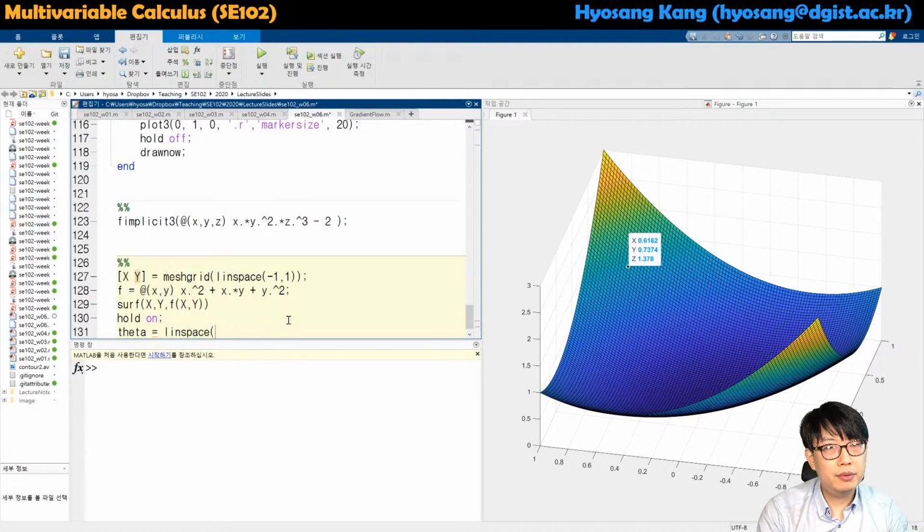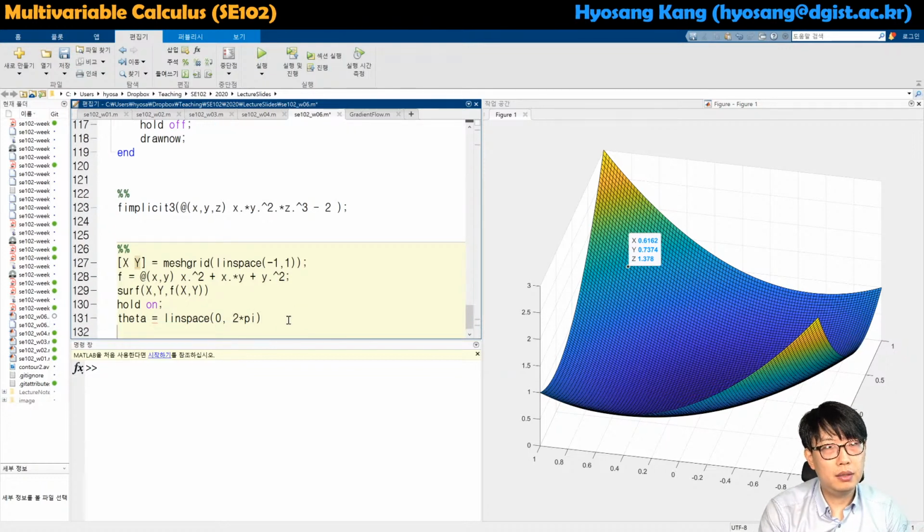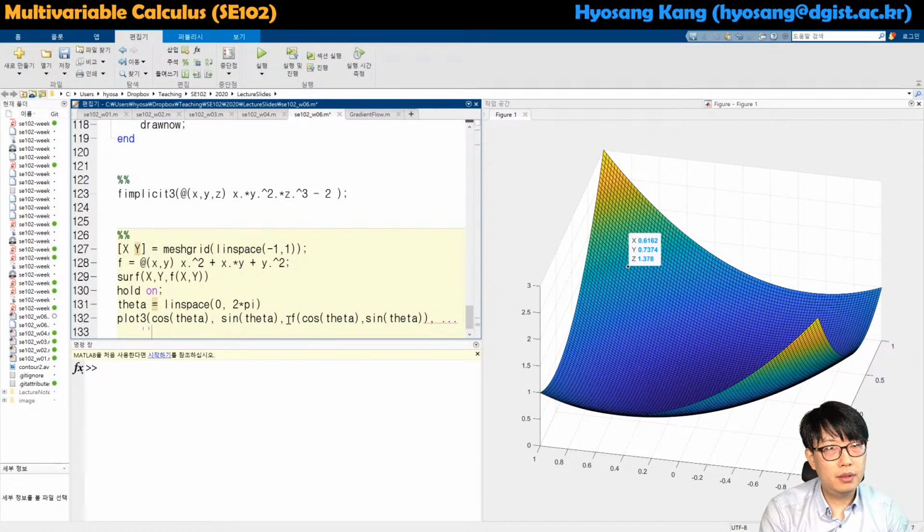So linspace from 0 to 2 pi, and plot3 of cosine zeta, sine zeta, and f of cosine zeta, sine zeta. Make it red with thick line width 2.